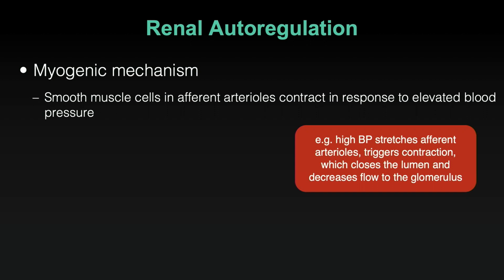When that happens, the myogenic mechanism dictates there is a reflex contraction to close off the afferent arteriole, which limits how much blood can come in. What that accomplishes is there's less blood arriving at the glomerulus, pressure in the glomerulus drops, and so filtration drops back down to normal.